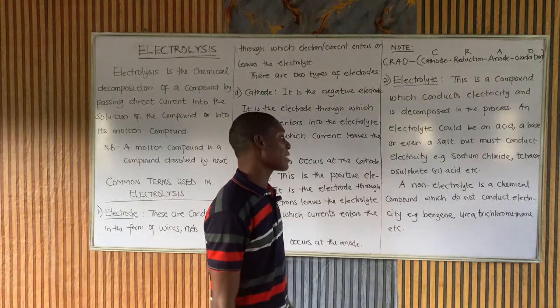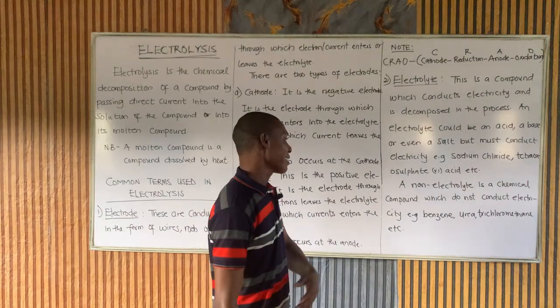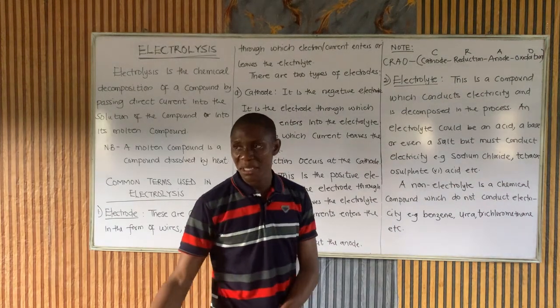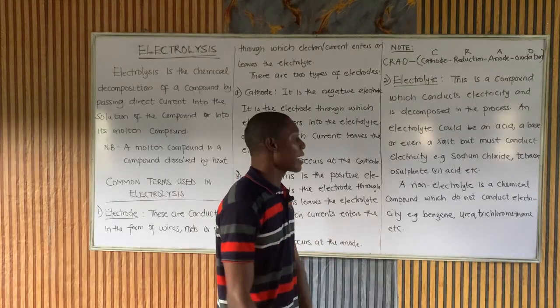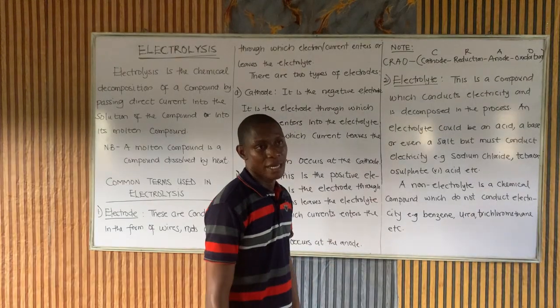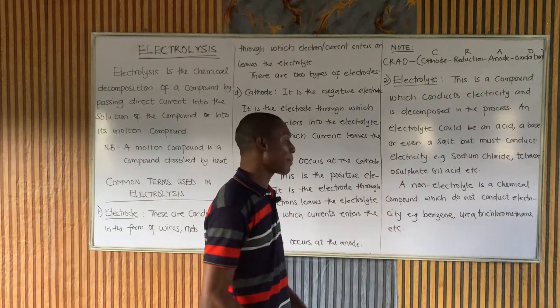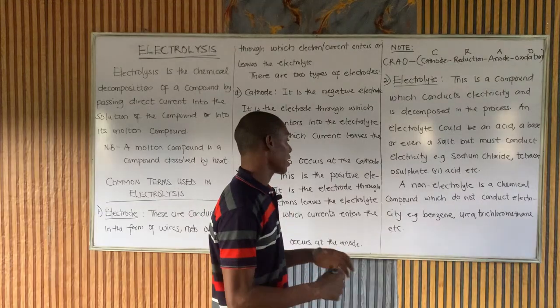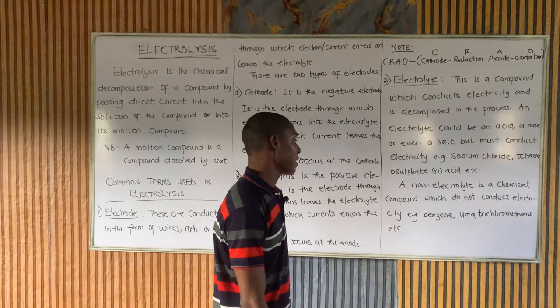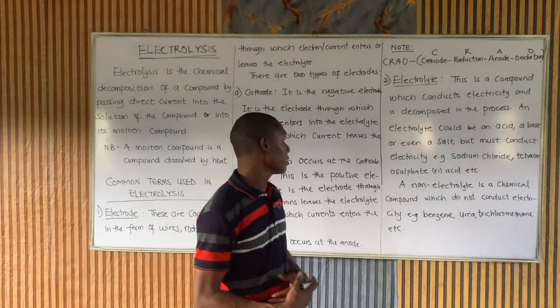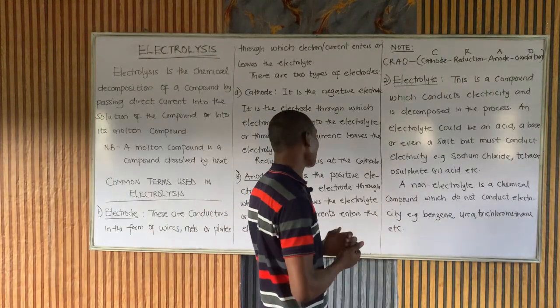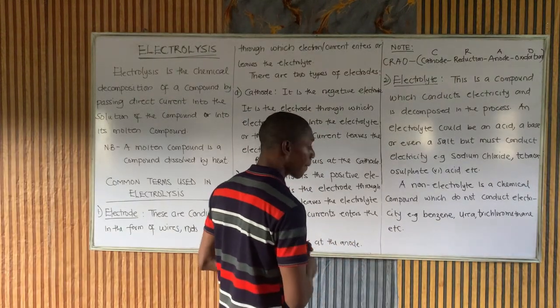Examples of electrolytes are sodium chloride, tetraoxosulphate(VI) acid, etc. We have more, sodium hydroxide and all that. Again, we have non-electrolytes. A non-electrolyte is a chemical compound which does not conduct electricity, e.g. benzene, urea, trichloromethane, etc.